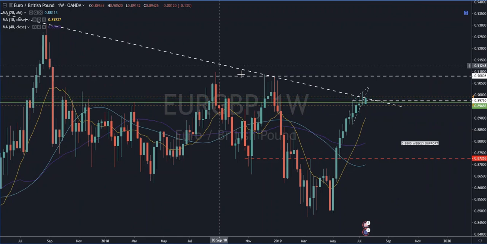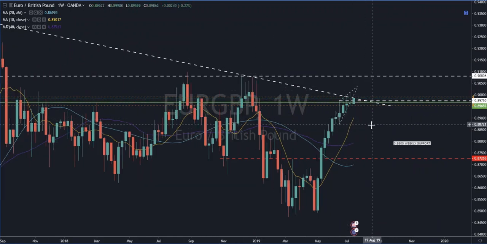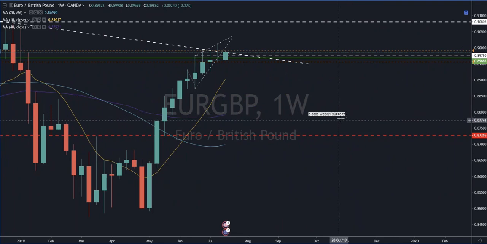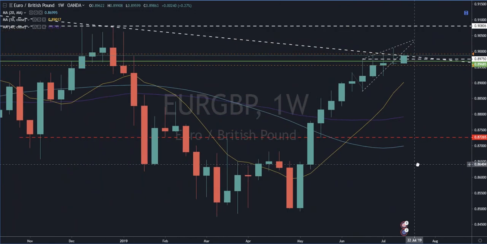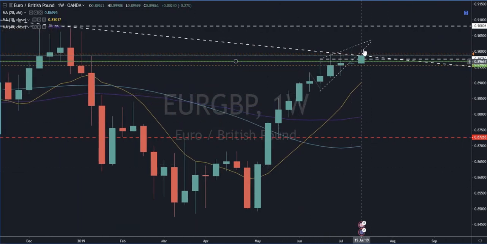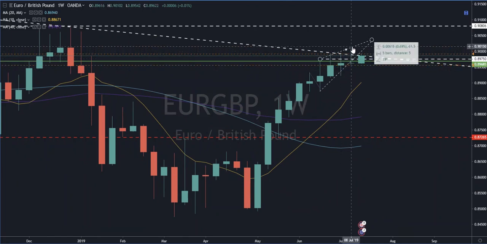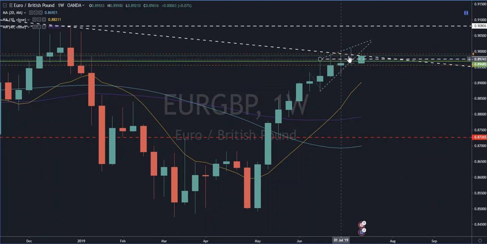We're still holding on to this trend line, but what we are seeing now, I'll just zoom in a bit further. We've seen this roll over. We've had a nice indecisive close to last week with quite a good rejection.